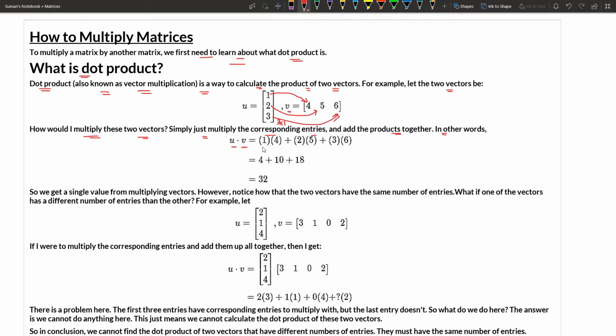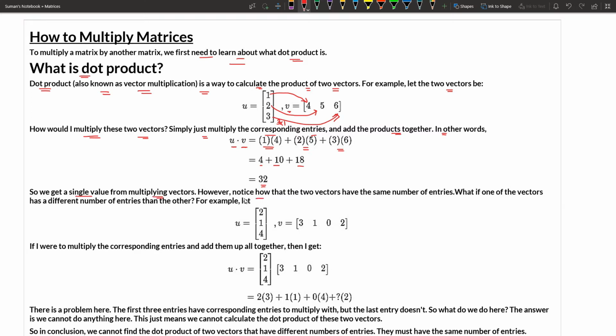So that is 1 into 4 plus 2 into 5 plus 3 into 6. After addition we get 4 plus 10 plus 18, and the result is 32. So that is the process of the dot product of two vectors. We get a single value from multiplying vectors.